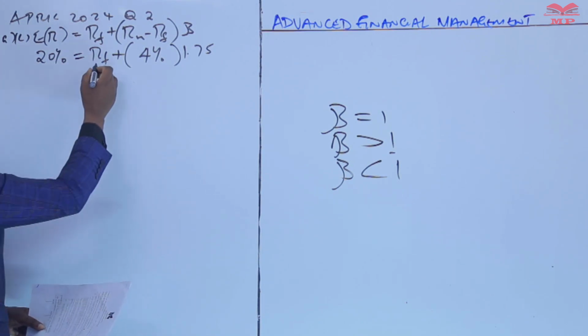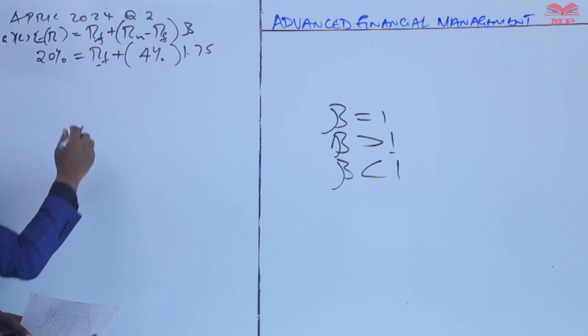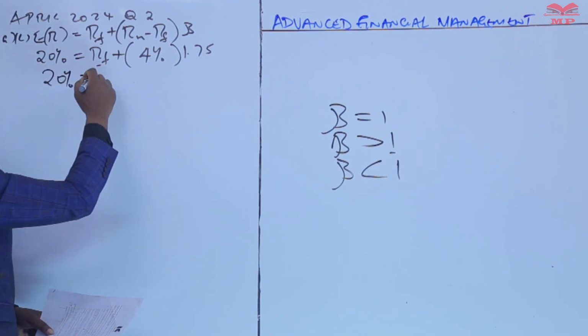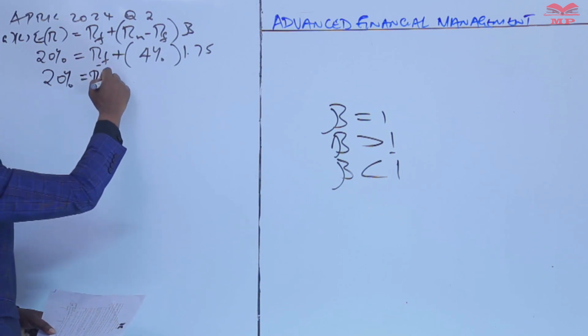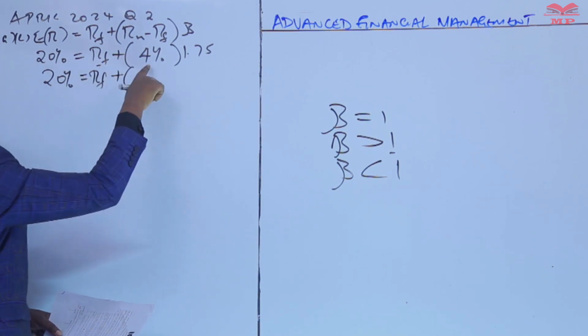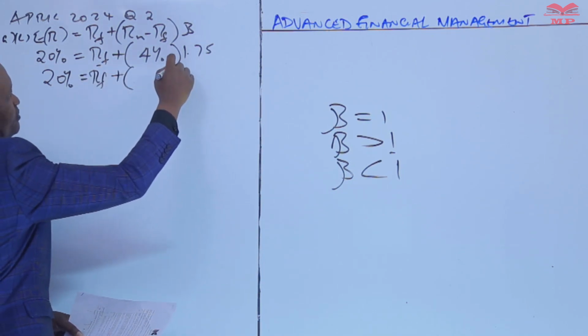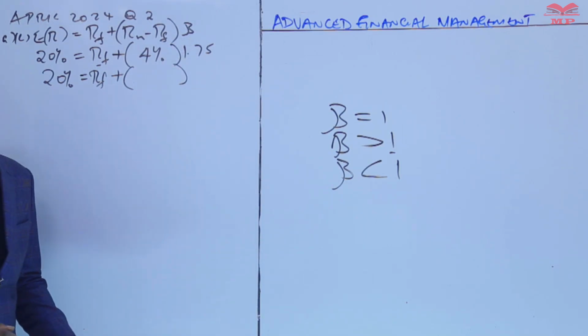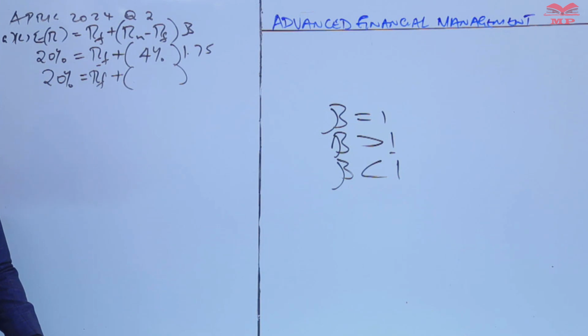So you see, the risk-free rate is the unknown, and we are going to calculate it. This is 20% equals risk-free rate plus 4% times 1.75. How much is it? Kevin says 7%. Is it 7%? 7%.